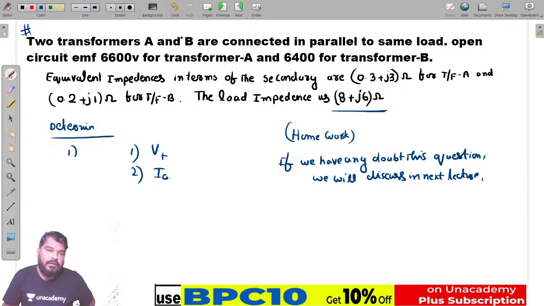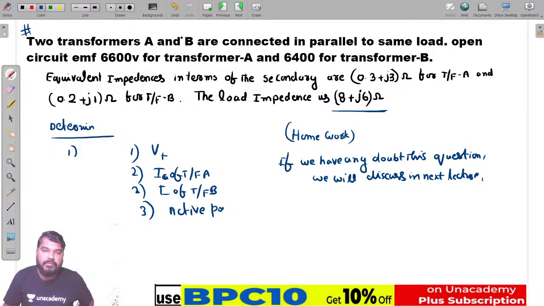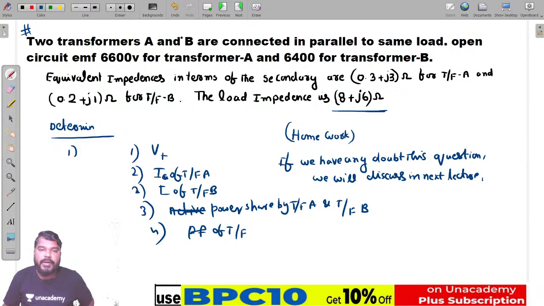Second one is the current of transformer A. Next one, the current of transformer B. Next, the power shared by transformer A and transformer B. Power factor is not required here, so calculate up to power.